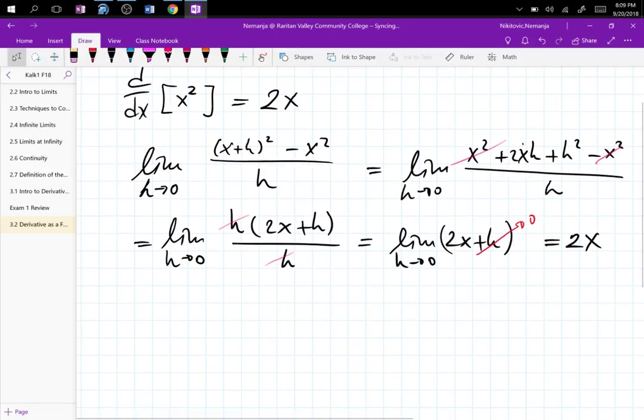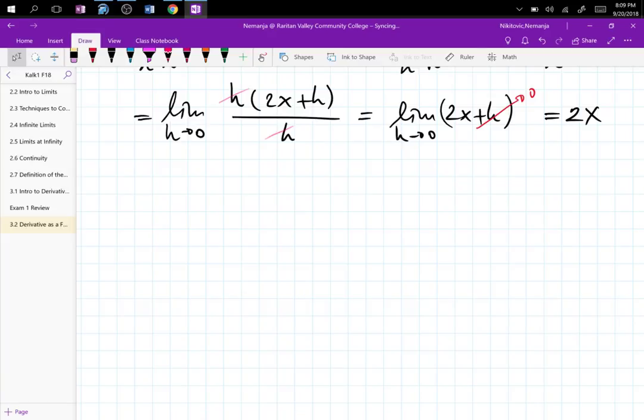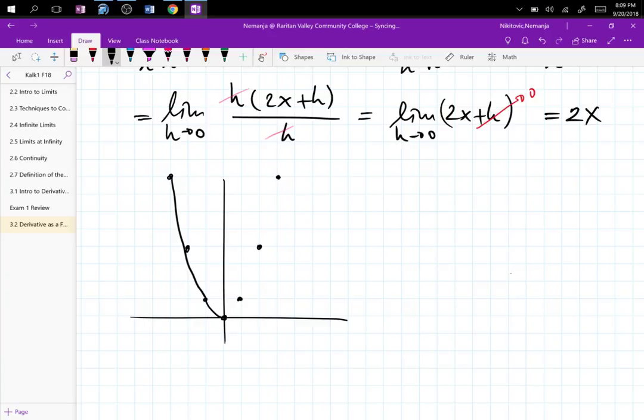Now we can graph both of these, and we are going to see two different functions, right? So 0, 0, 1, 1, 2, 4, negative 2, 4, and 3, 9, or maybe higher, whatever. So we have our parabola, and we'll call this f of x.